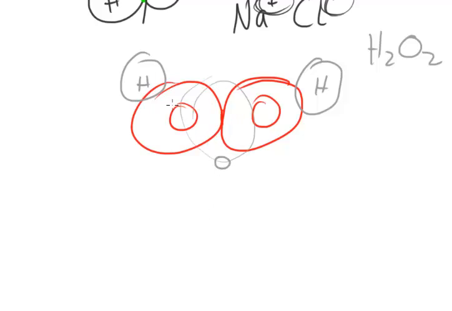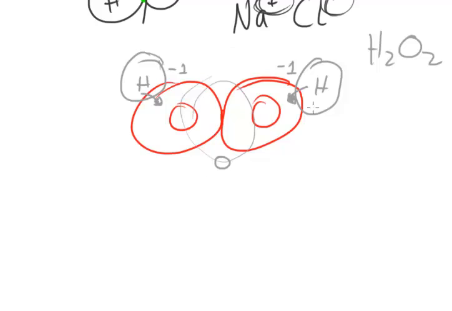Now, if we take a look at this area, oxygen doesn't really think hydrogen has what it takes to keep the electrons very close to it. So oxygen is going to be kind of greedy in that area, and this oxygen is pretty much the same. So over here, oxygen is going to have an oxidation state of -1, and over here oxygen is going to have an oxidation state of -1.